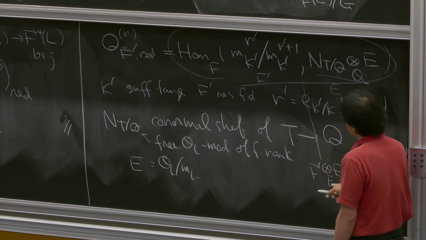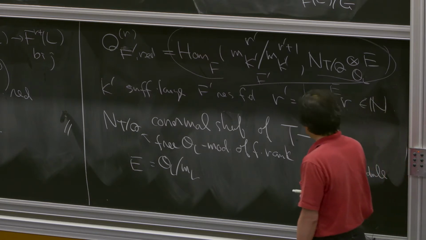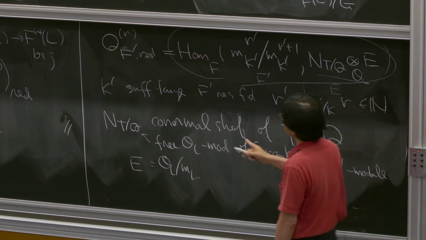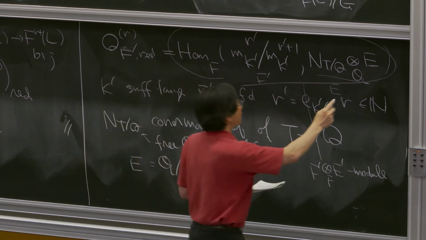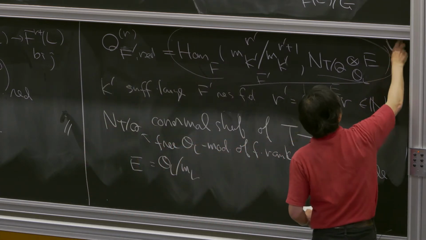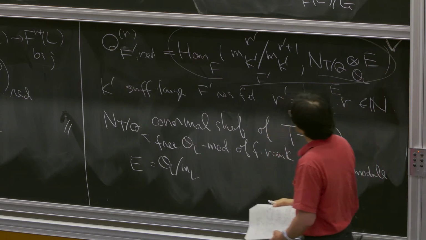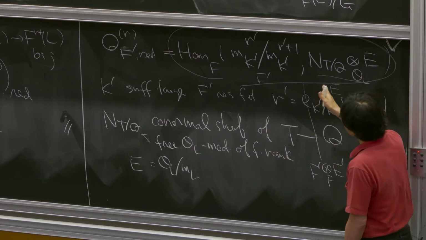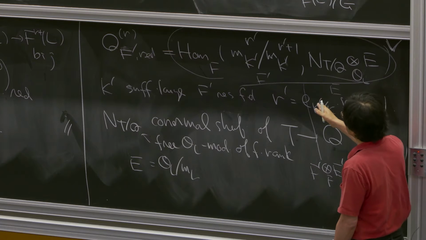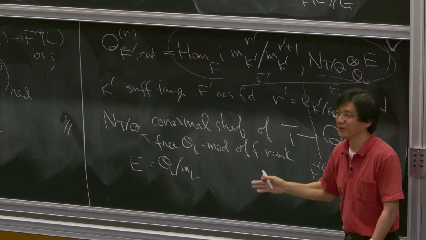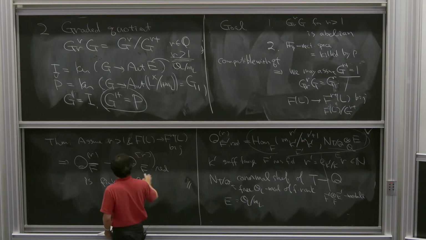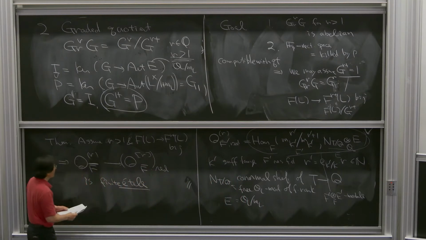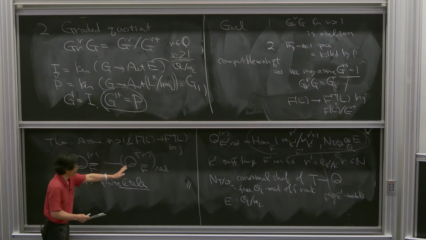We regard this as a vector space over F prime, and we regard this F prime as a scheme, and we get this. Sorry, I need to put the dual here. So the description may look complicated, but this is simply some vector space over the residue field. And we get a finite étale covering of this vector space.